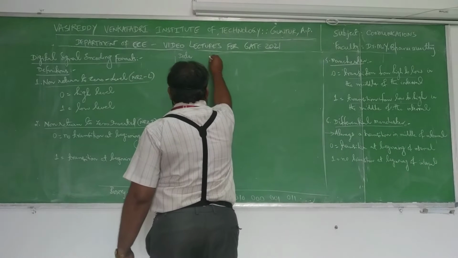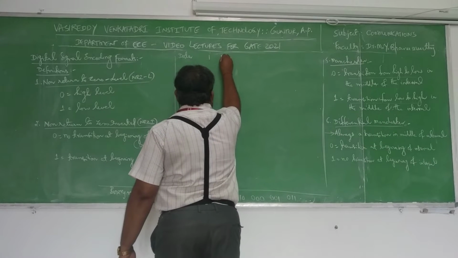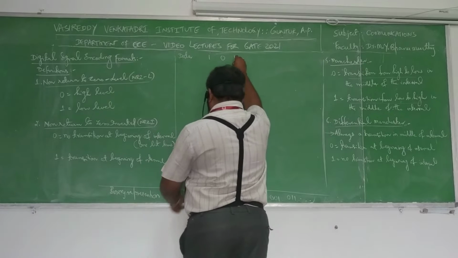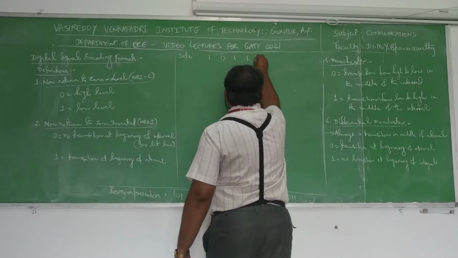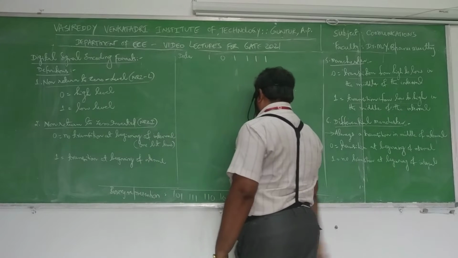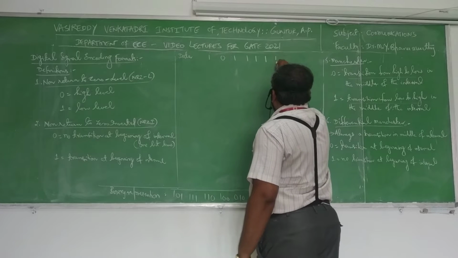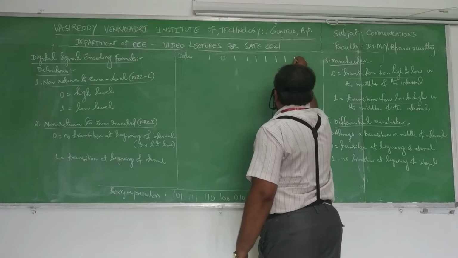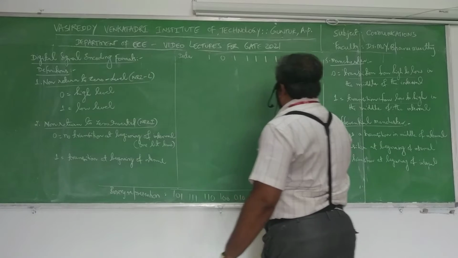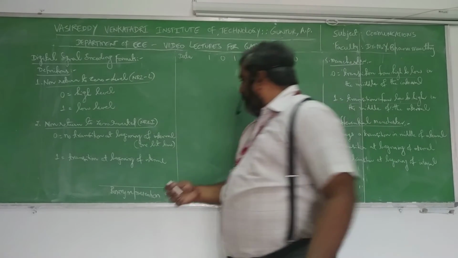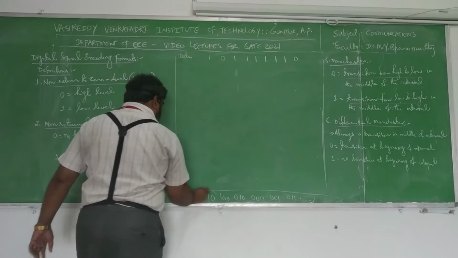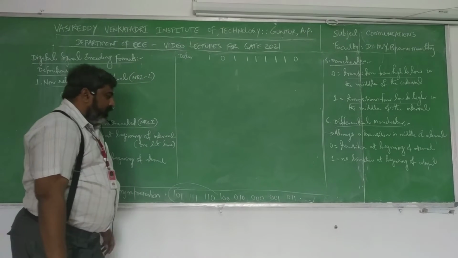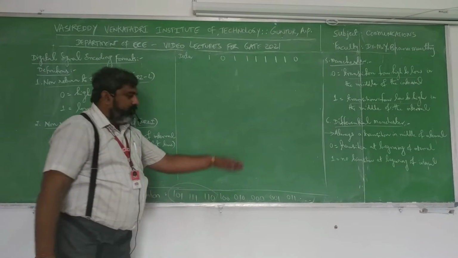So now 1, 0, 1, 1, 1, 1, then 1, 1, 0. Okay, no problem. I have taken total 9 bits.